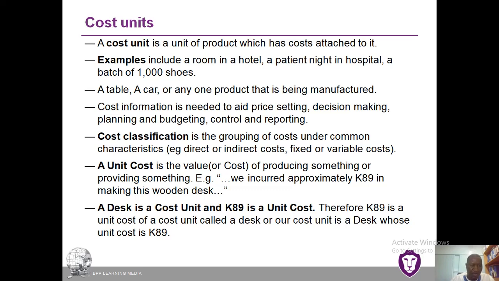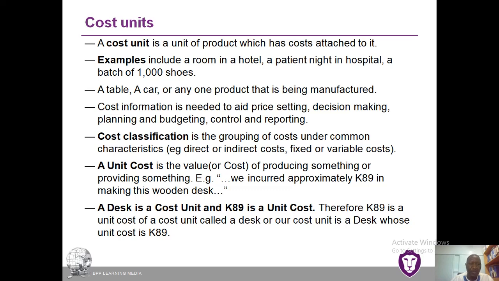Here we need to also understand the difference between a cost unit and the unit cost. The cost unit is a unit of a product which has a cost attached to it. A unit cost is the value of that unit of a product. It's the value of producing something or providing something.